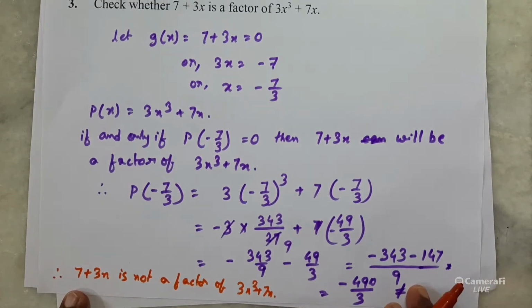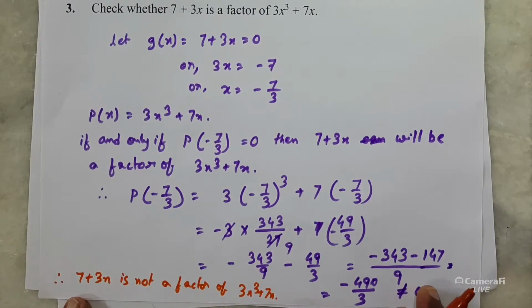Okay, so you can see that since the remainder is not 0, therefore 7 plus 3x can't be a factor of 3x cube plus 7x.